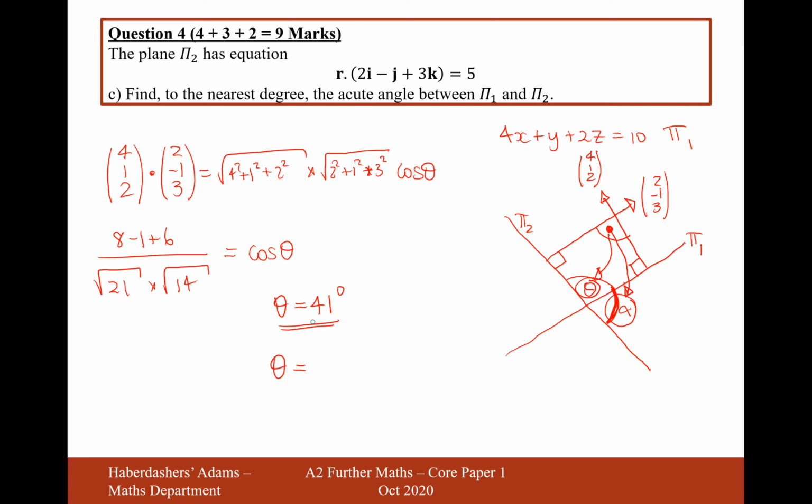But if you want to do 180 minus the answer, you could also use 139 degrees, but it does clearly say the acute angle, so therefore ignore that one, this one's the acute one. So there we are, that's the answer for this question. Question 4, the vectors question for this paper, worth 9 marks in total. Let's now move on to question 5.